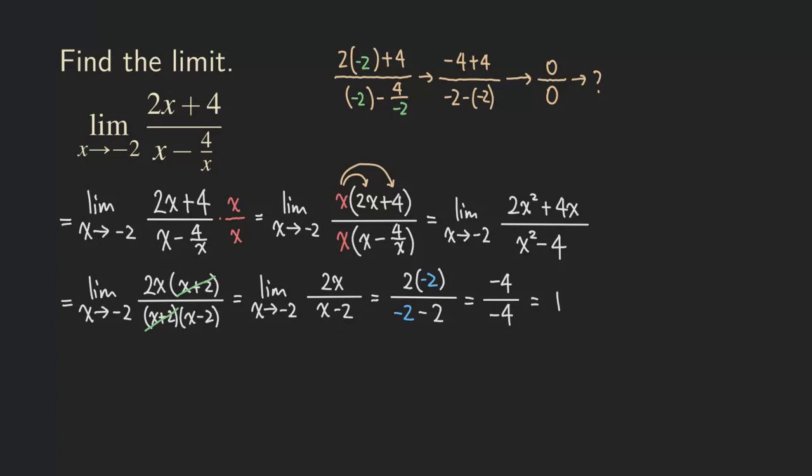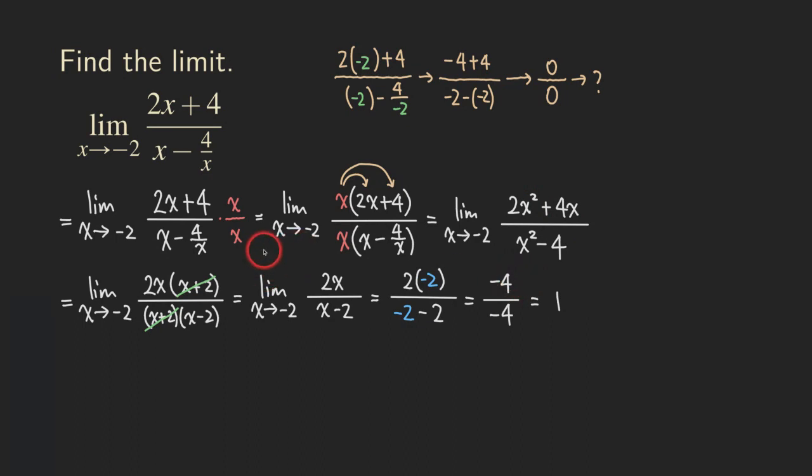So as you can see here, for this kind of limit problems, if you get a complex fraction and you're trying to find the limit of this complex fraction, one way to do it is that you can multiply the top and the bottom by whatever can remove the fraction in there, whatever can cancel out the denominators that we have in this big fraction, and then we'll turn it into usually a typical rational function, and then we can factor.